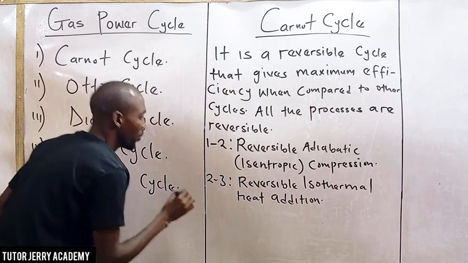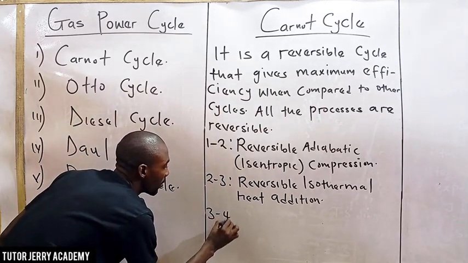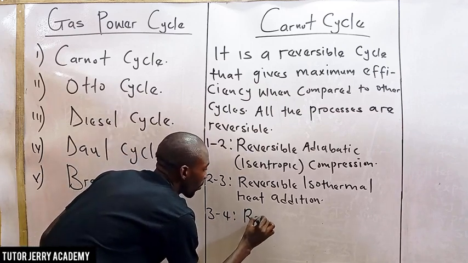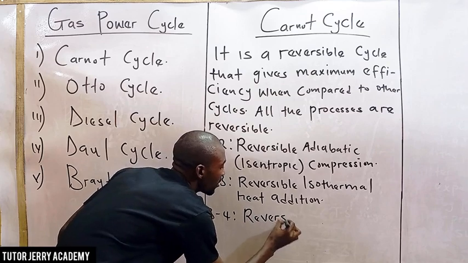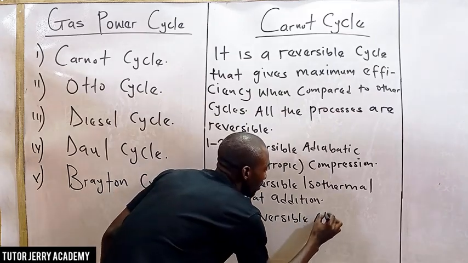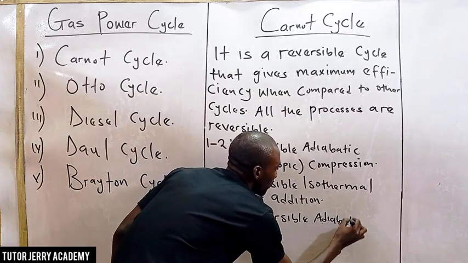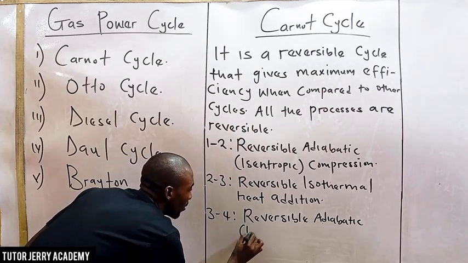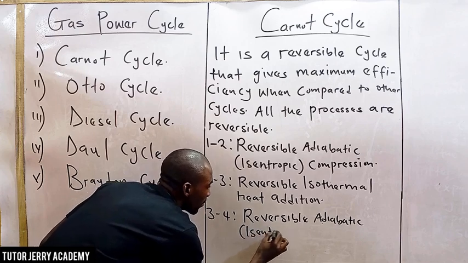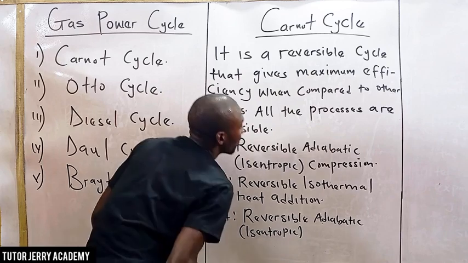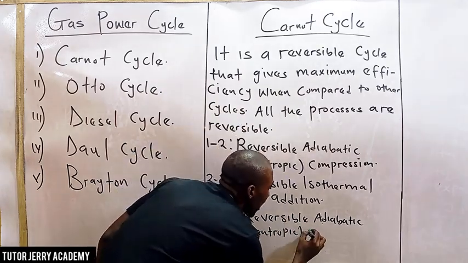Process three to four is nothing but a reversible adiabatic, in brackets isentropic, expansion.